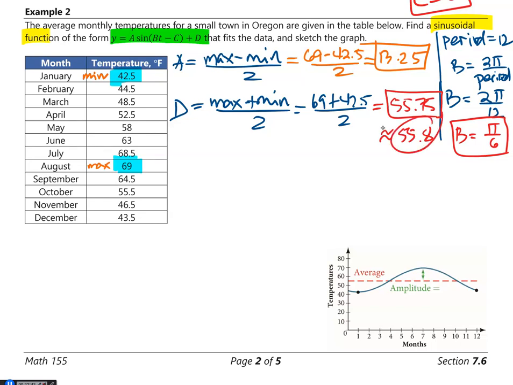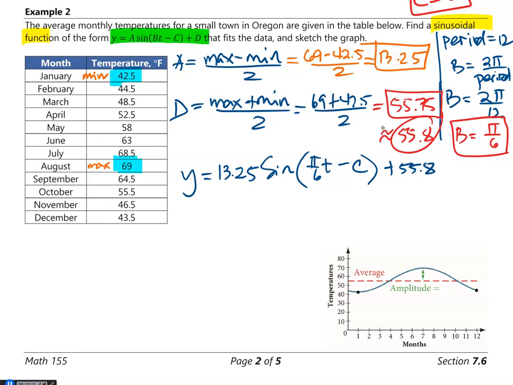Now we can have y is equal to a, which is 13.25, sine of b is pi over 6, t minus c plus 55.8. Now we want to find c.